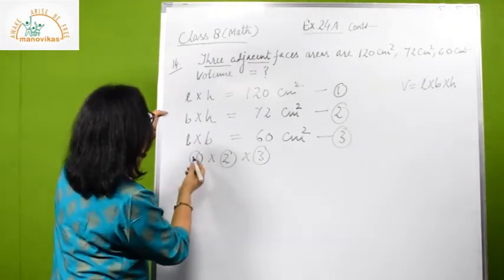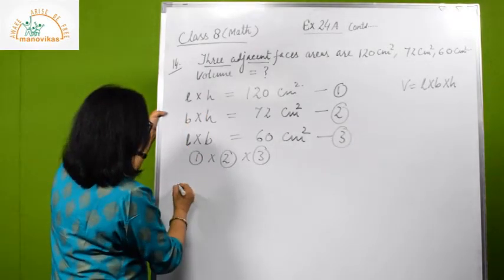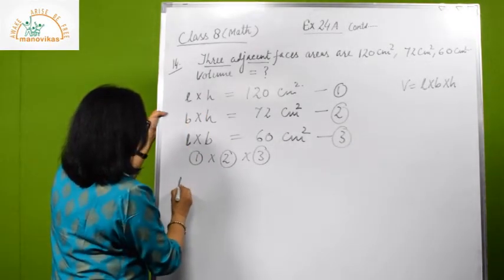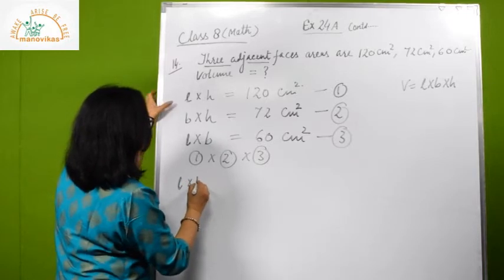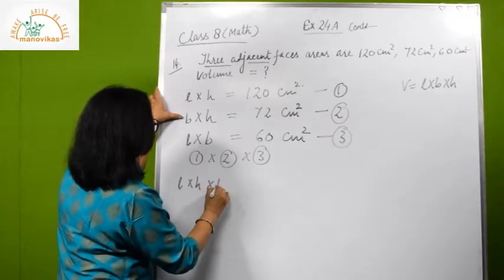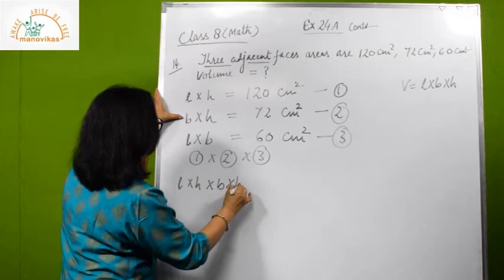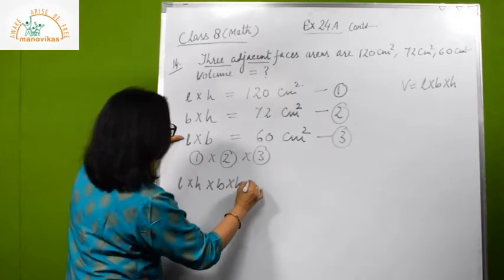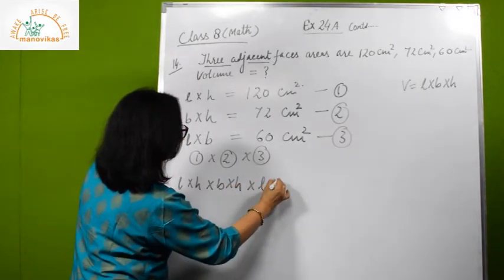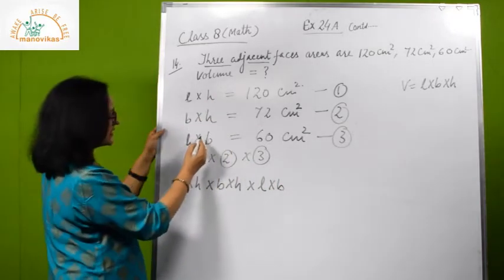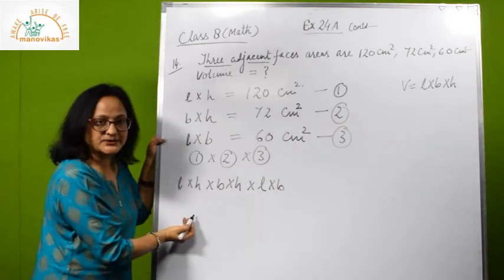Similar terms should be multiplied together. So this side if we multiply, what do we get? Length into height from here multiplied by breadth into height from here multiplied by length into breadth. So left hand side all the terms we have multiplied together.